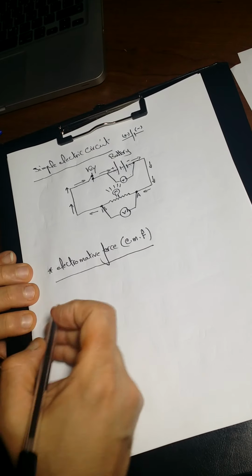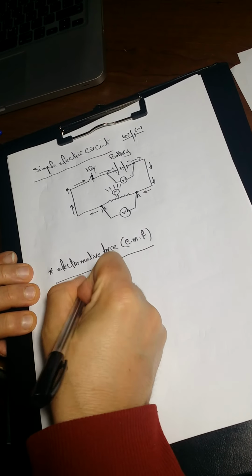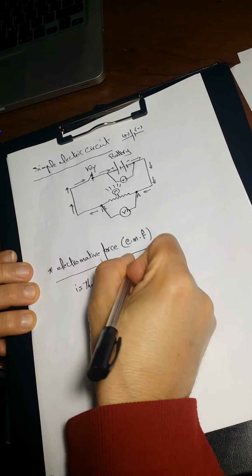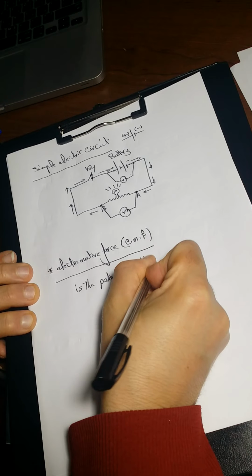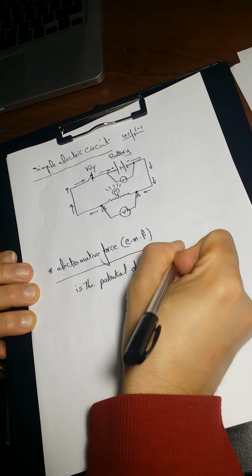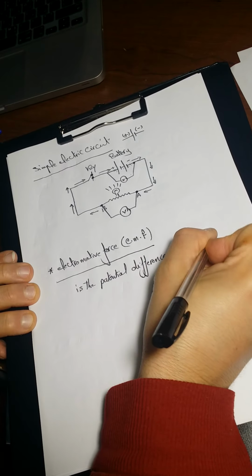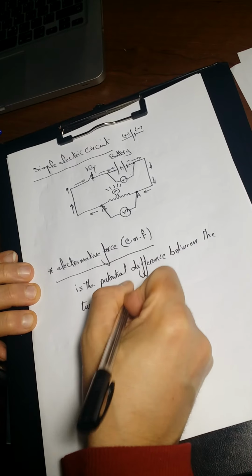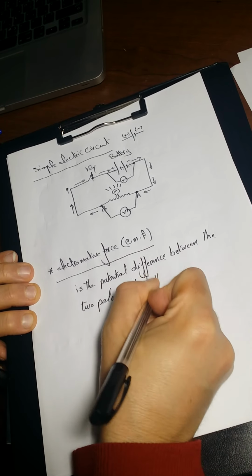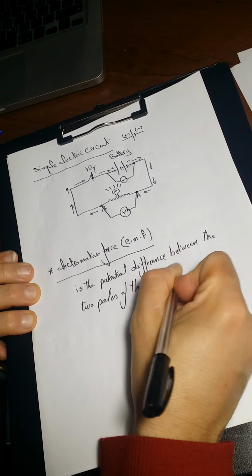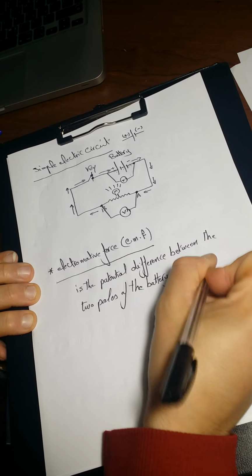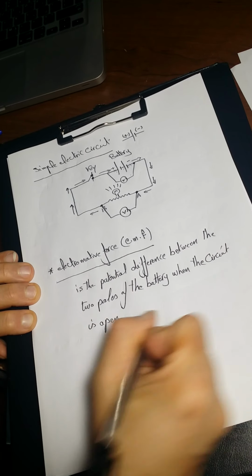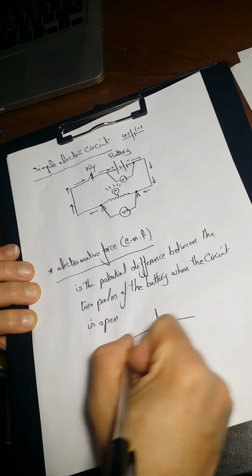So the electromotive force is the potential difference between the two poles of the battery when the circuit is open. It means like that.